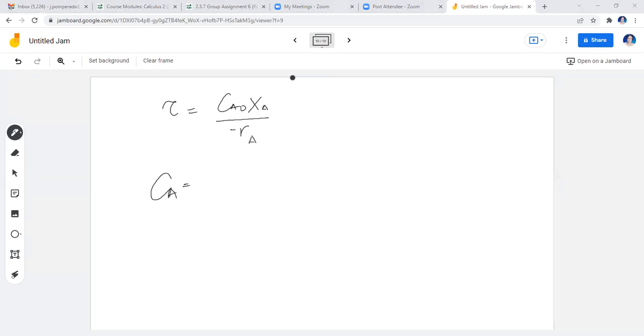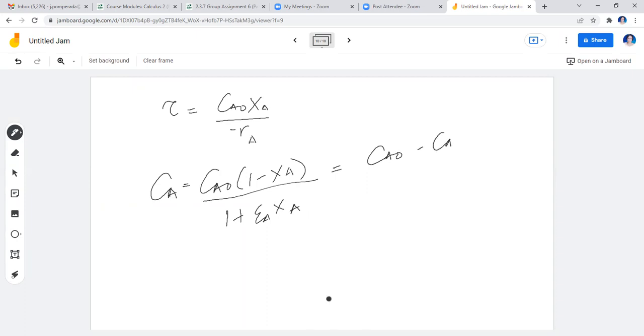Correct, Fritz, the numerator is what changes. So I'm going to write the formula here. If it's a constant density system, you have this, right? If it's a variable volume system, you have 1 plus epsilon A XA. Now, if you expand the numerator, you will have CAO minus CAO XA, and you have this entire 1 plus epsilon A XA.